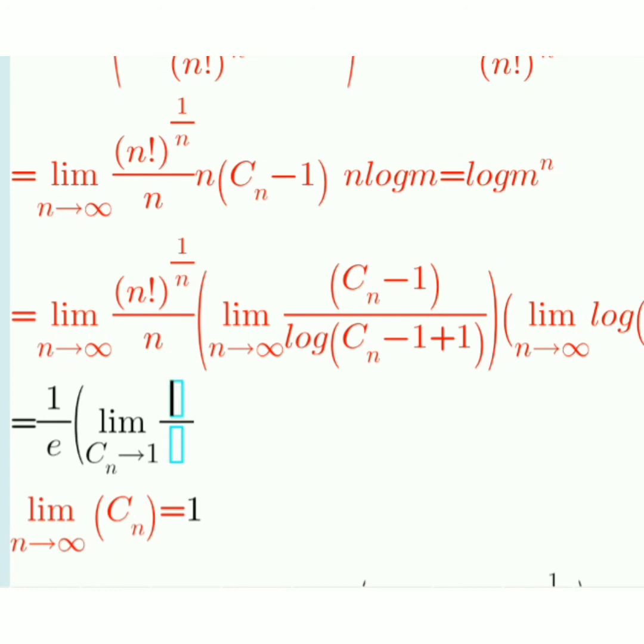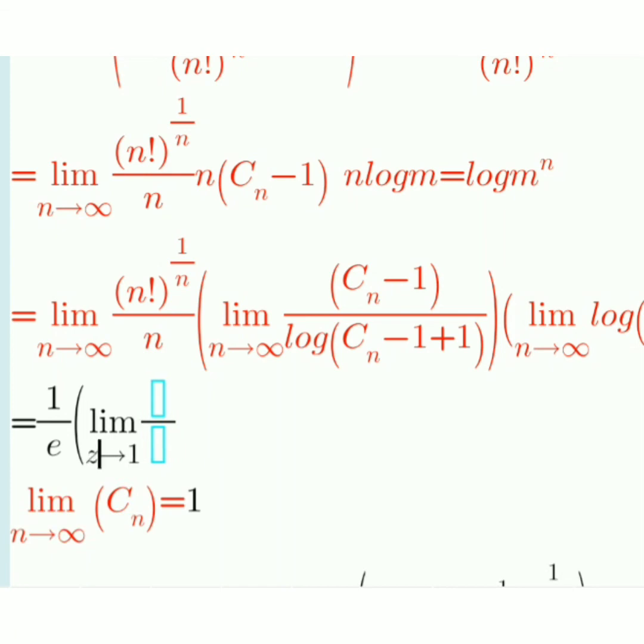Cn tends to 1, and Cn minus 1, I take as z. So Cn tends to 1, so z tends to 0.